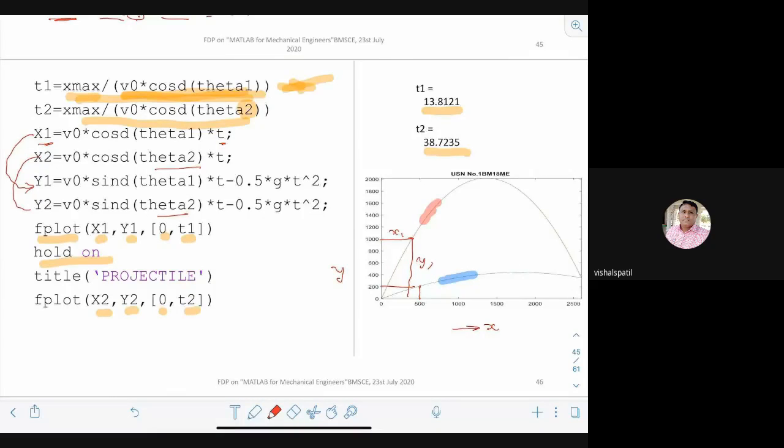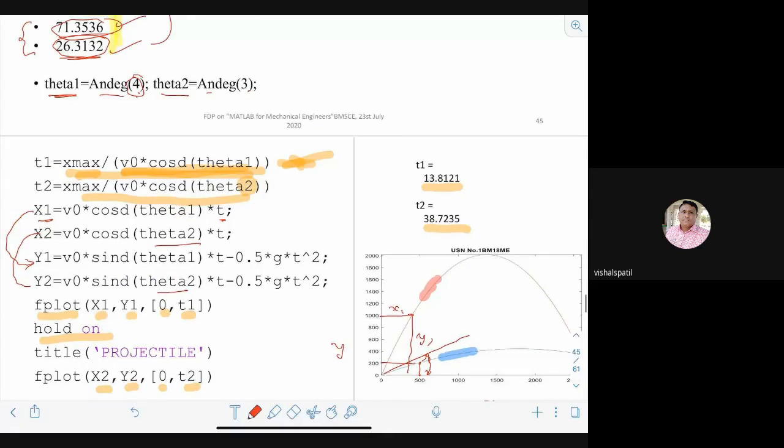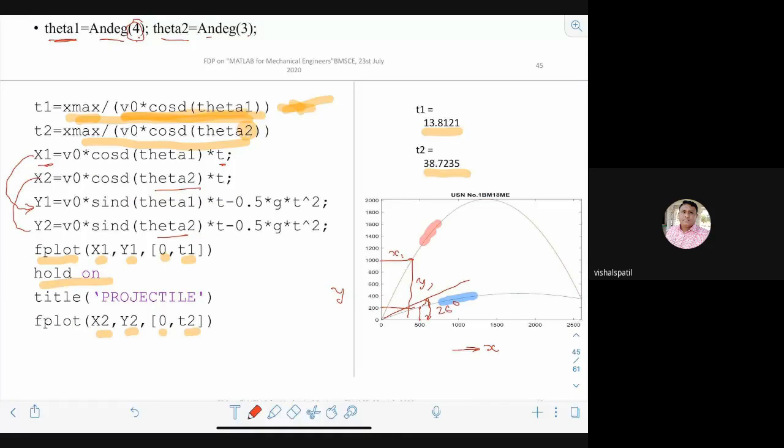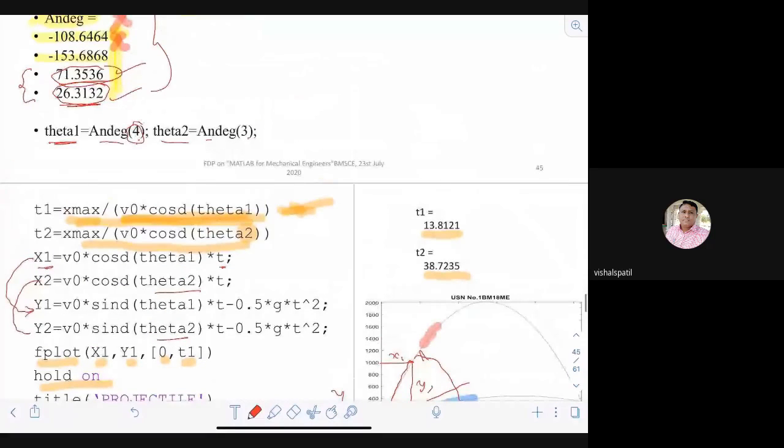And one reaches in 13.81 seconds. The angle at which this projectile is fired is the tangent here, and that angle is around 26 degrees. And this one is fired at an angle of 71.35 degrees.